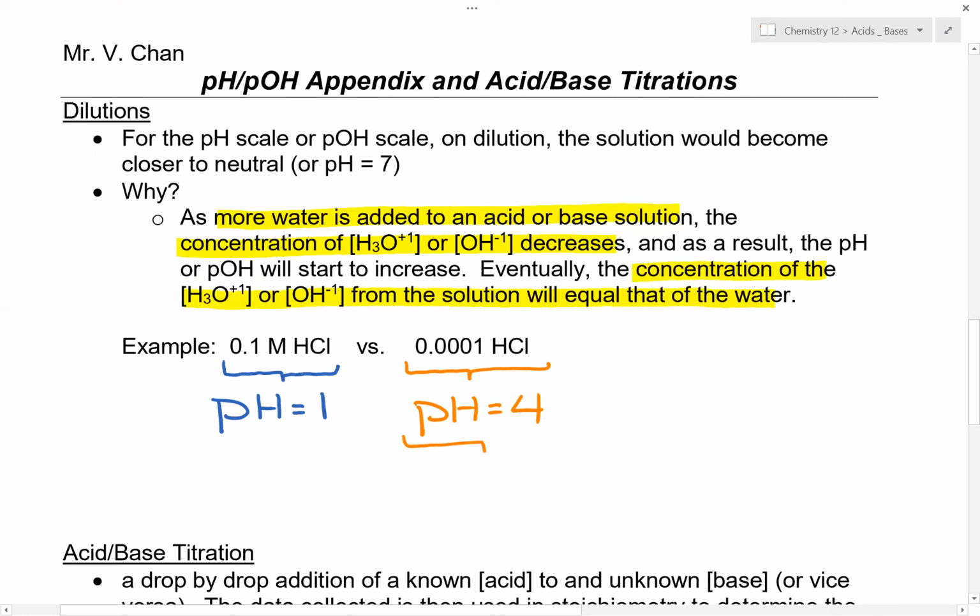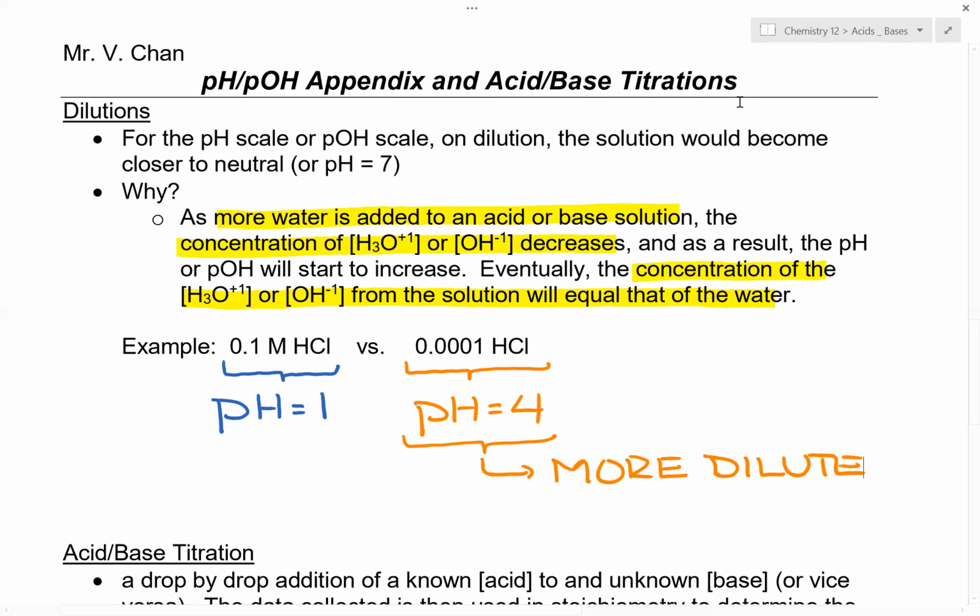This is more dilute. So the more dilute a solution is, the closer the pH is to 7. The reason is this: the ions from the particular substance get so spread out that it has no effect whatsoever.